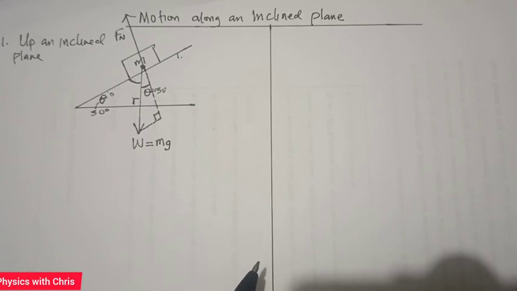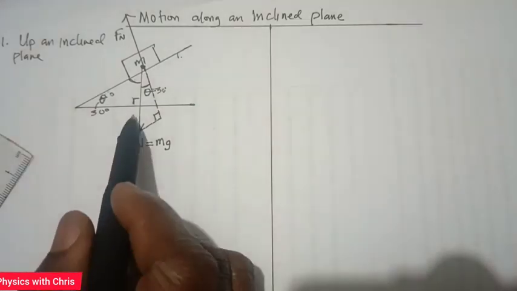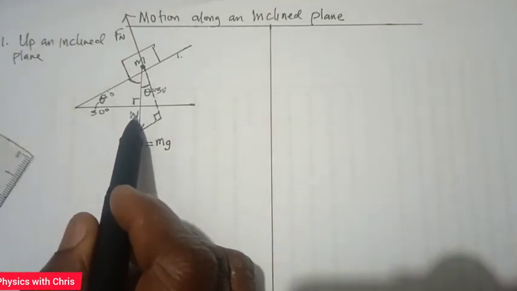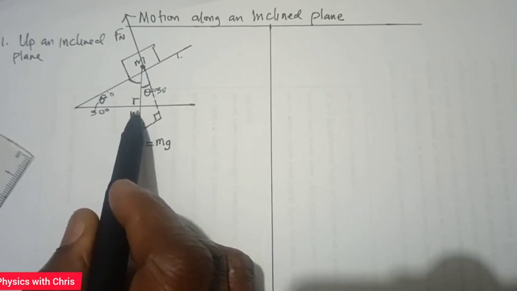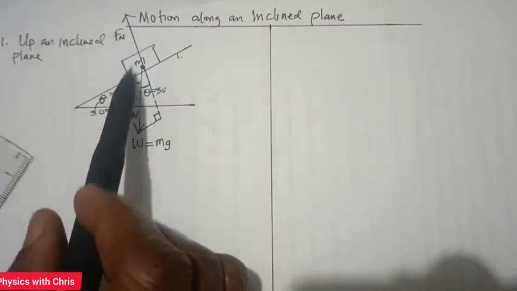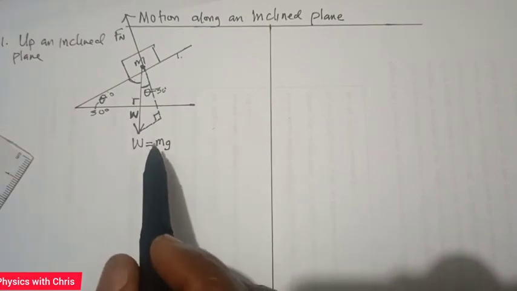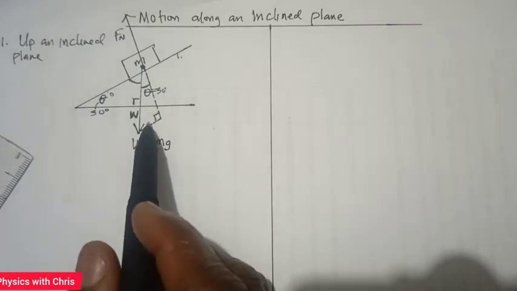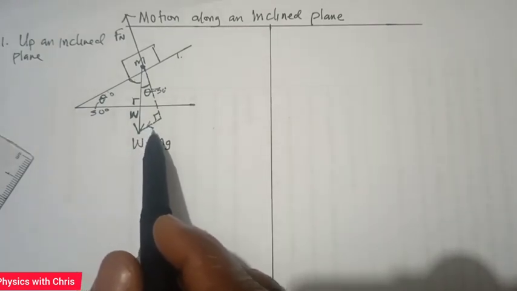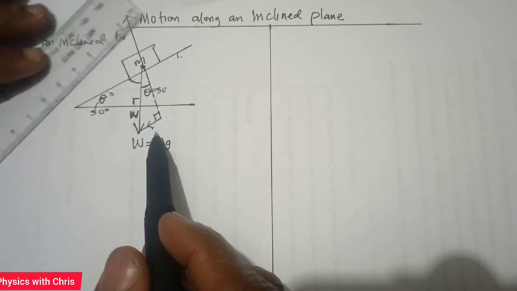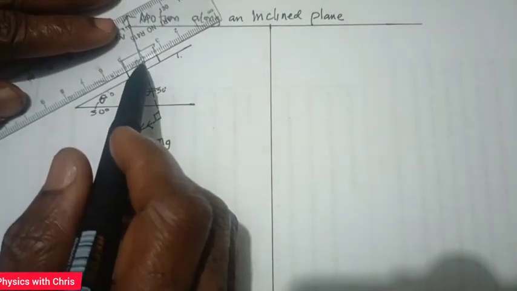Now we can resolve the weight line, that is the weight of the body acting along this direction. It has two perpendicular components. There's a component of the weight that is acting along this line, which is the same as the component acting parallel to the plane.